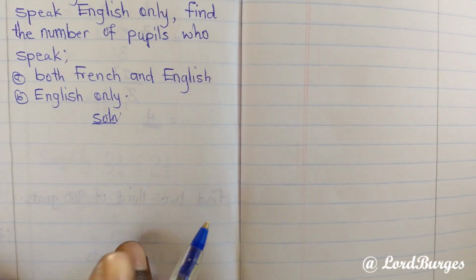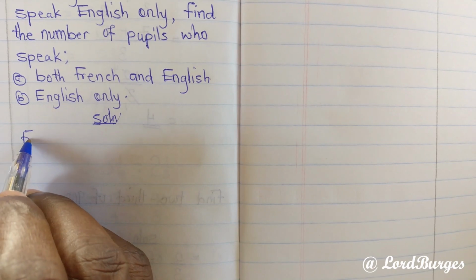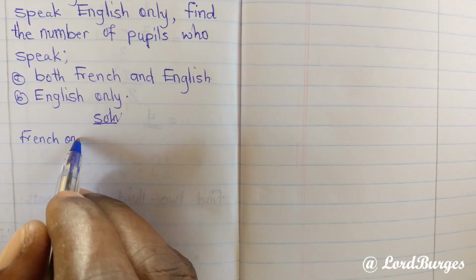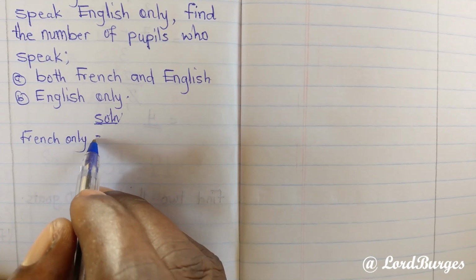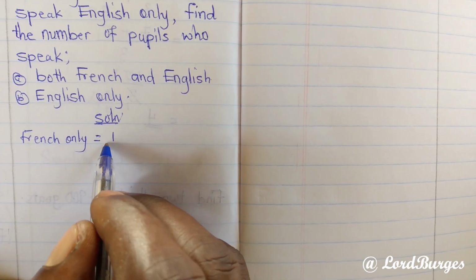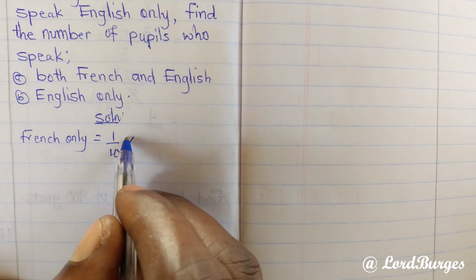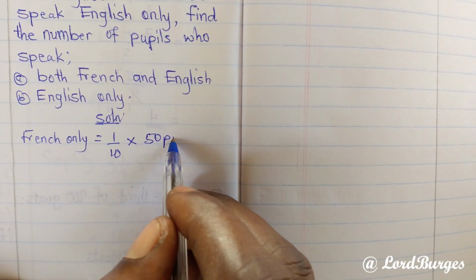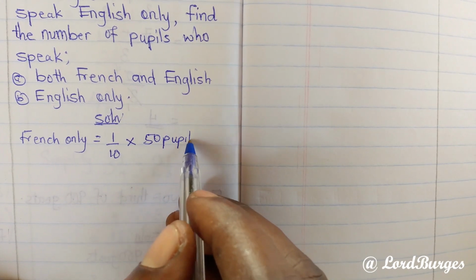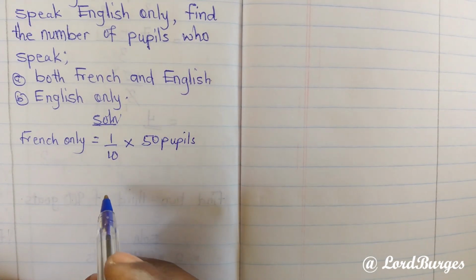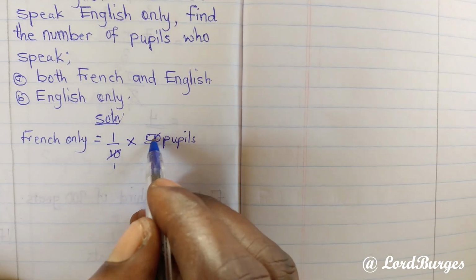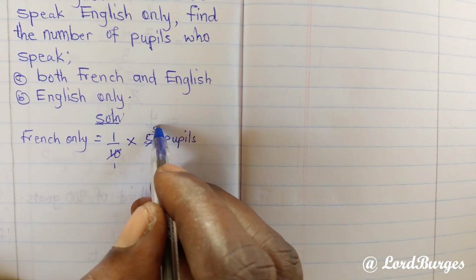French only will be equal to 1/10 times the 50 pupils, which I need to reduce: 10 into itself is 1, 10 into 50 is 5.